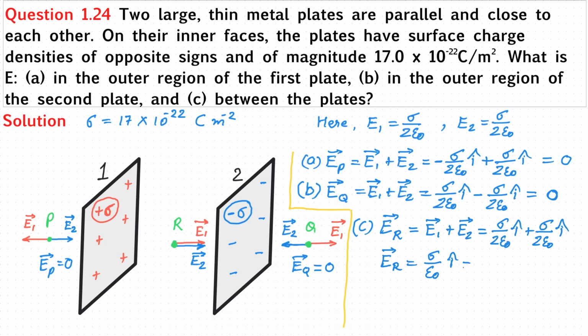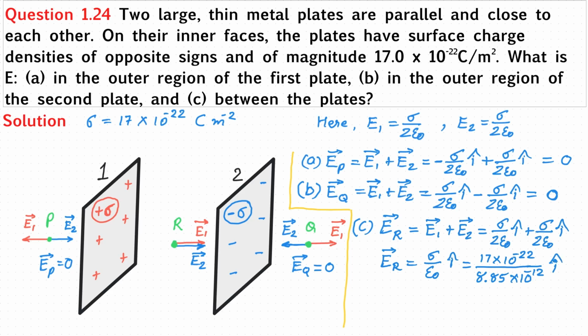So this is the electric field equation between these two plates. Here we can put the values given. Sigma is given as 17 into 10 raised to minus 22, and epsilon 0 we already know 8.85 into 10 raised to minus 12, and caret i.